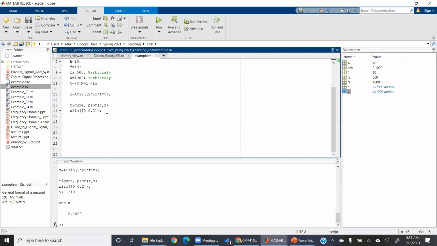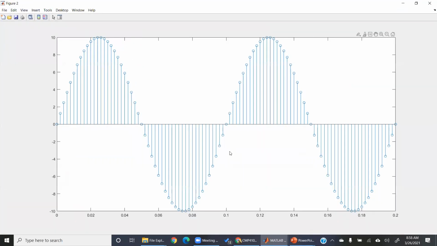So maybe let me show you. You can use a stem plot instead of plot. If I do stem tx, let's see what we get. So that's what the samples look like. Does that answer your question?